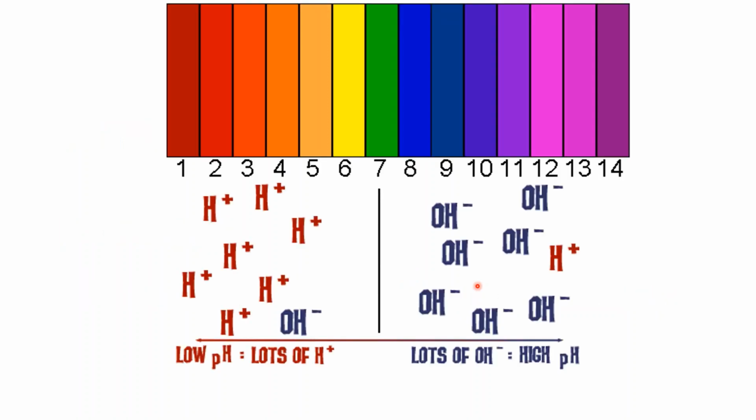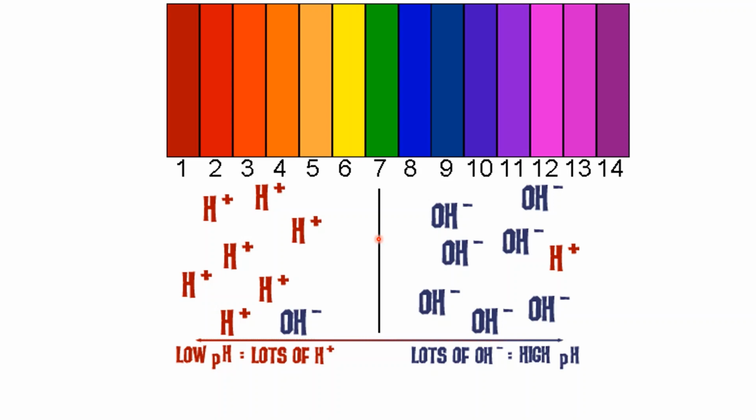So if you think about the pH scale, when you have a pH of 7, that means that you have an equal number of hydrogen ions and hydroxide ions. H+ plus OH- makes H2O. So it's neutral. There's no overall charge. It's in perfect balance.